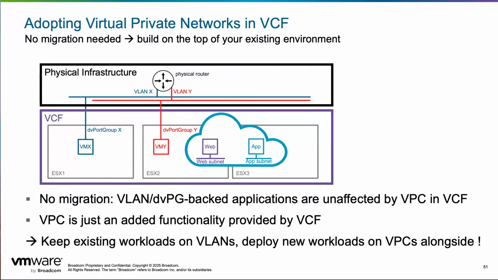And even better, your VLAN attached and subnet attached workload can communicate with each other through the physical infrastructure. So start with your existing environment and change, and just deploy new workloads with VPC on the side. And you've seen, hopefully, in this presentation that it's very easy to do and very easy to consume virtual networking.